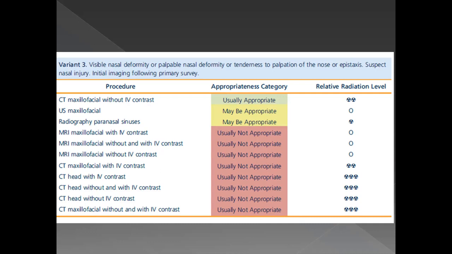Ultrasound, where it is appropriate, also has no radiation. Ultrasound has no X-ray radiation involved. So this is also another reason why this document gave it a maybe appropriate reading. Other imaging you can see over here, MRI maxillofacial, CT maxillofacial with contrast, CT head, are considered not appropriate in such cases.